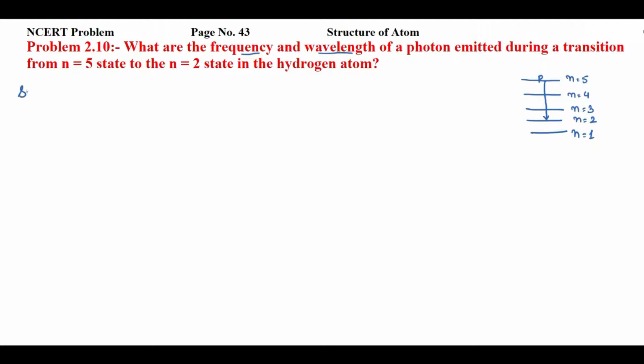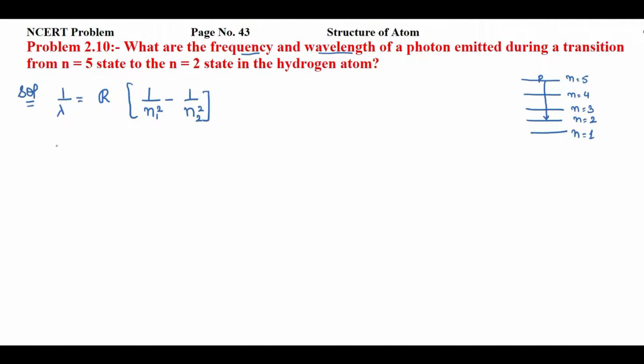So to find the wavelength, first of all we'll see the formula that will be 1 by lambda equal to R into (1 by n1 square minus 1 by n2 square), right? So in this condition n1 is 5 because the photon emitted energy from n equal to 5 and jumps to n equal to 2, that is the final orbit, right?